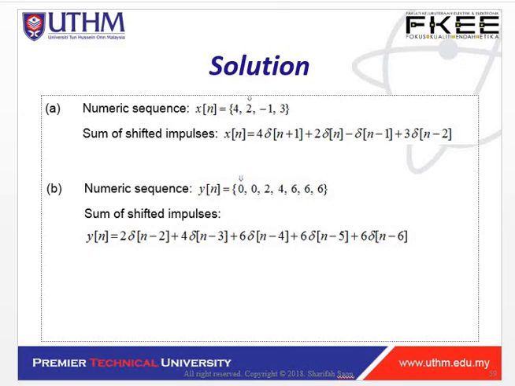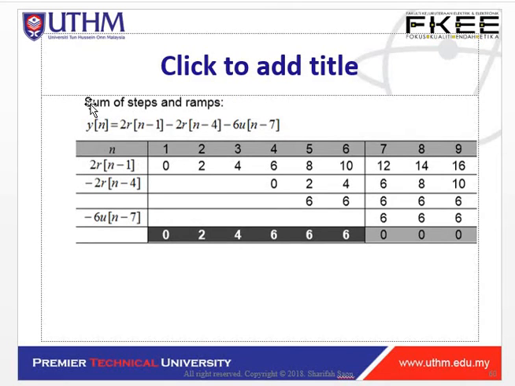You start with the ramp first, since the question requires using the unit step and ramp. How do you get the 2, 4, 6? You get 2R[n minus 1]. At n equal to 1, you start the ramp.